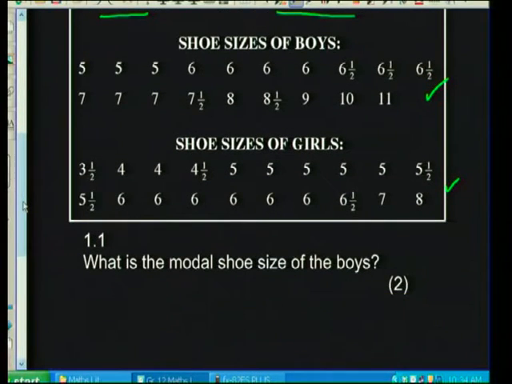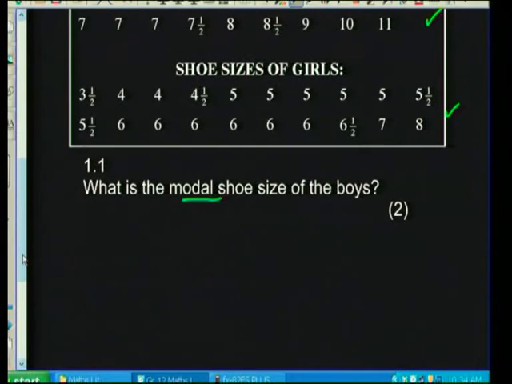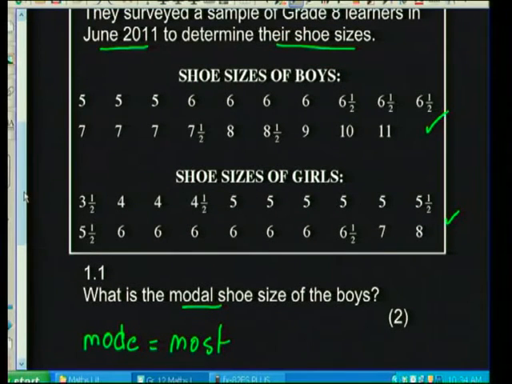So the first question is, what is the modal shoe size of the boys? Quick reviser, the mode is your most often. So we're going to look at the boys' shoe sizes, and I'm basically going to count how many of each size I have. I don't have a lot of data, so quite easily at a glance I can see how many are the most.